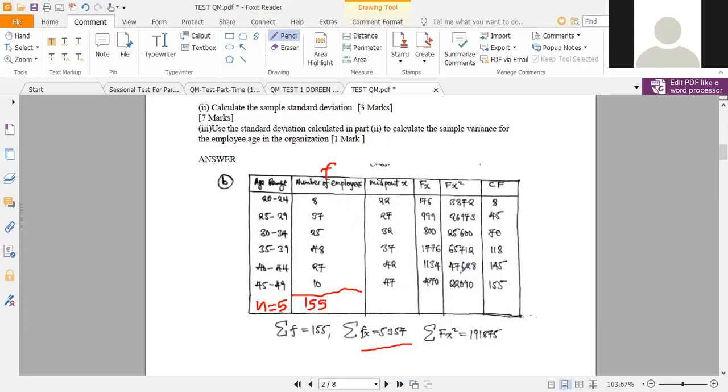The total of this column is called our summation of Fx squared. So you discover that only these figures that have F's are relevant.